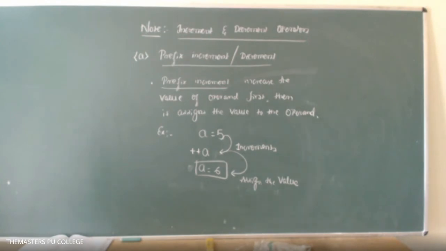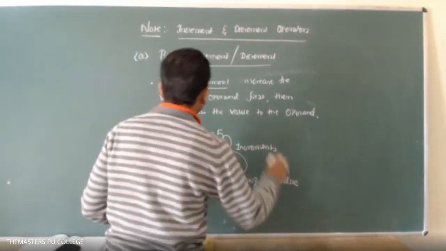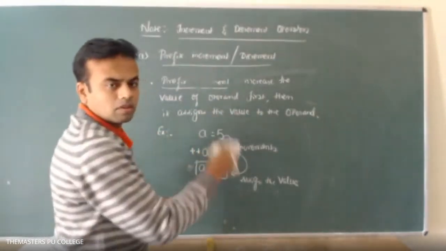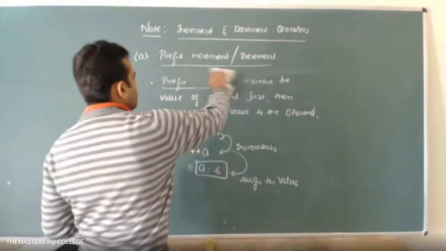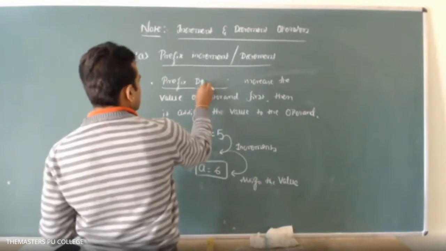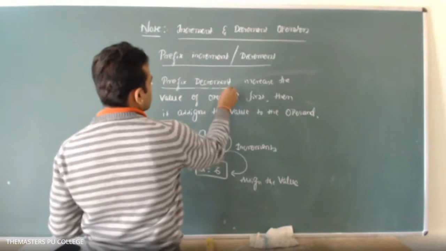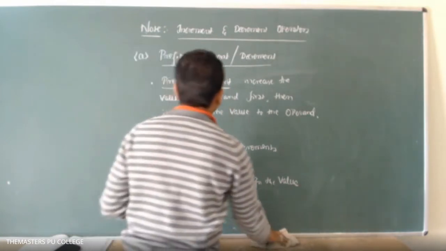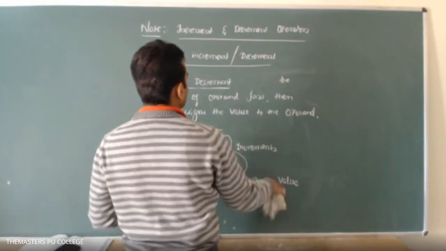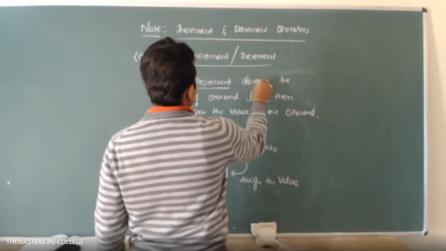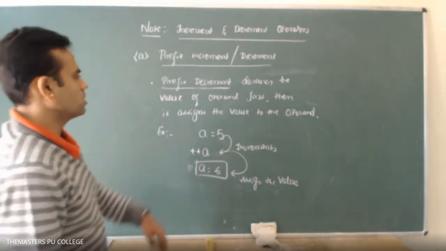Right? Next, prefix decrement, the same thing. I'll take this as a decrement. Is that clear, this one? Yes, sir. Right? Prefix decrement. Okay, write down below that only. I am changing it, but you don't change, you need to write. It decreases the value first and assigns the value of the operand.